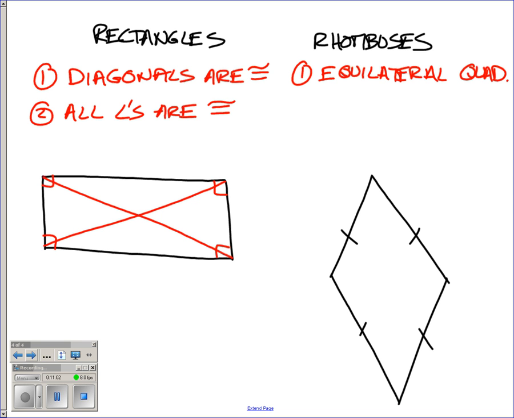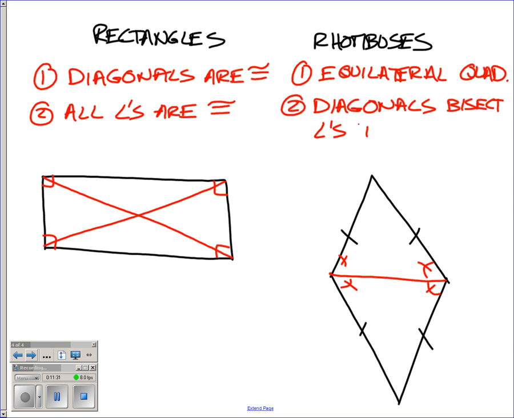On this one, you still have the other properties for parallelograms, but you have a couple of special ones here. Take a look at this diagonal. This diagonal is bisecting these two congruent angles. So the diagonals, both of them, bisect the angles they touch.